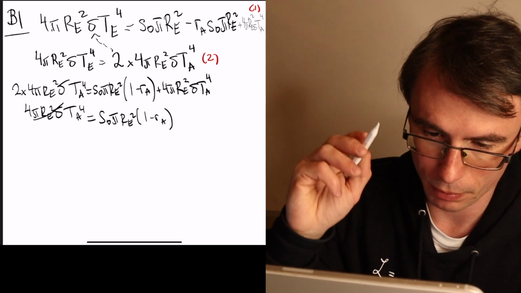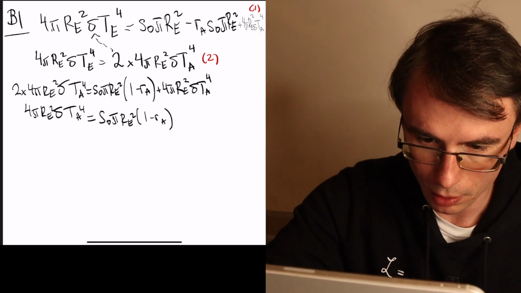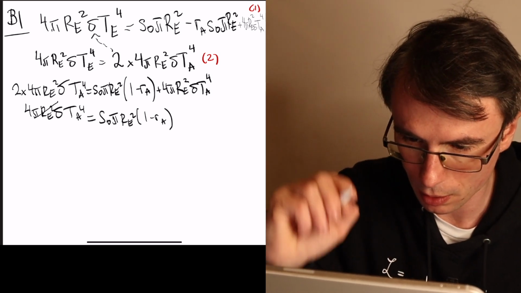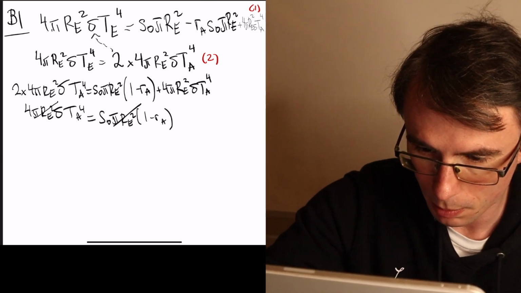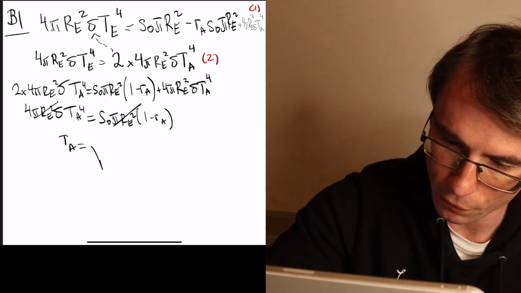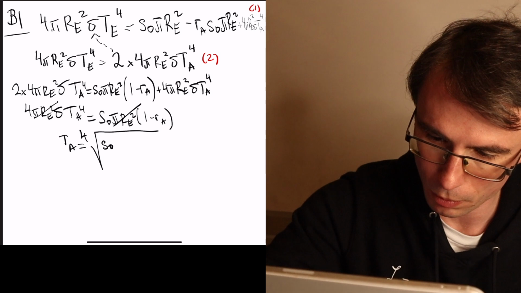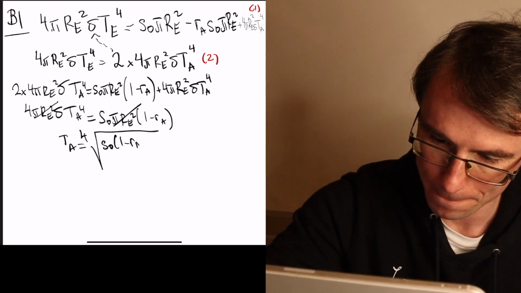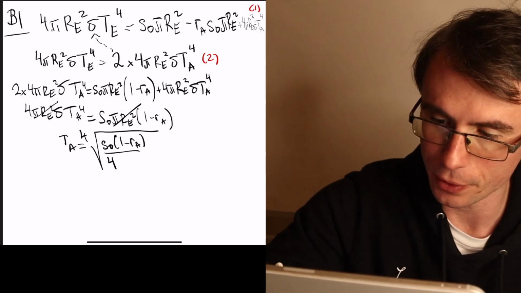Ooh, we can't get rid of Stefan's constant just yet. And then we're going to be left with TA being the fourth root of S naught 1 minus RA over 4 times Stefan's constant.